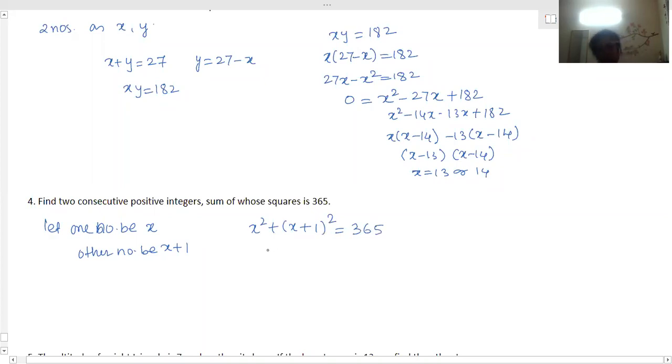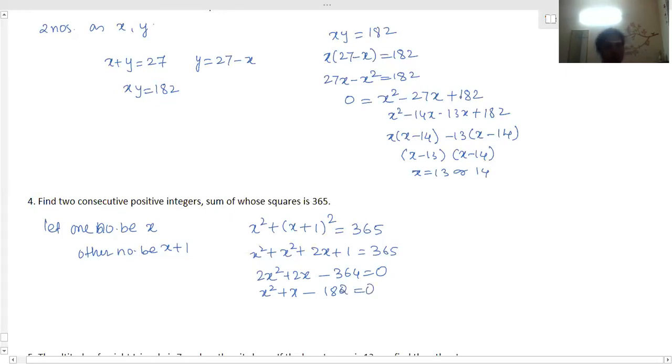Okay. Then solve this equation. x square plus x square plus 2x plus 1 is equal to 365. 2x square plus 2x minus 364 is equal to 0. x square plus x minus 182 is equal to 0.